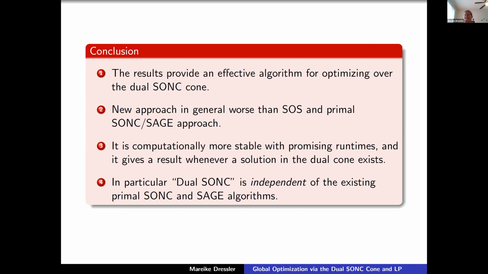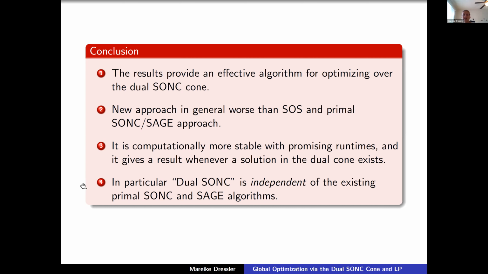In general, clearly this new approach provides worse results than the SOS bound and the primal SONC and SAGE approach. But since we only rely here on linear programs, it's computationally much more stable and also has promising runtimes. And what also is interesting, it gives a result whenever a solution in the dual cone exists.